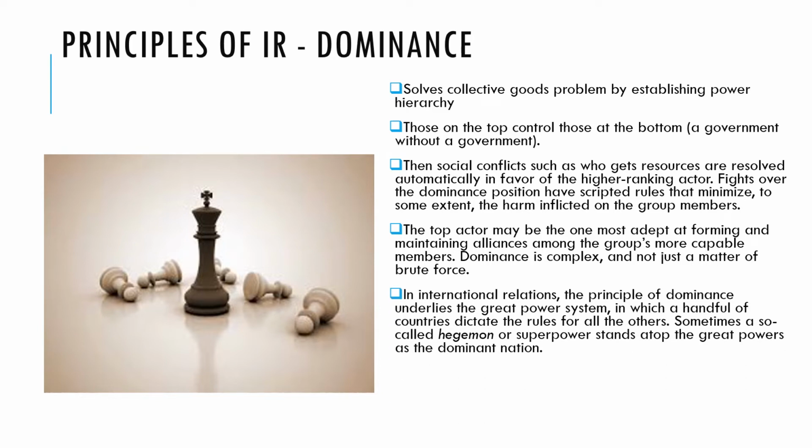In international relations, the principle of dominance underlies the great power system, in which a handful of countries dictate the rules for all the others. Sometimes a so-called hegemon or superpower stands atop the great powers as the dominant nation.